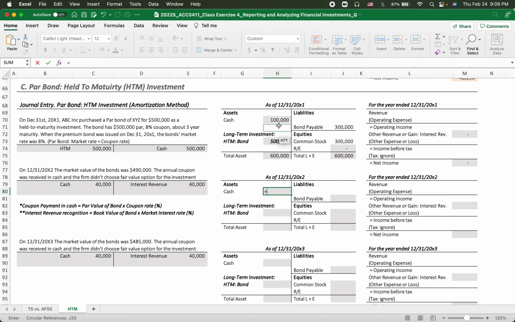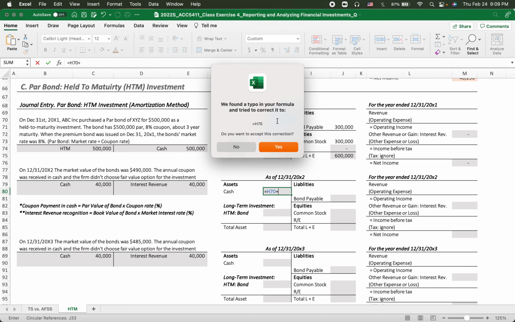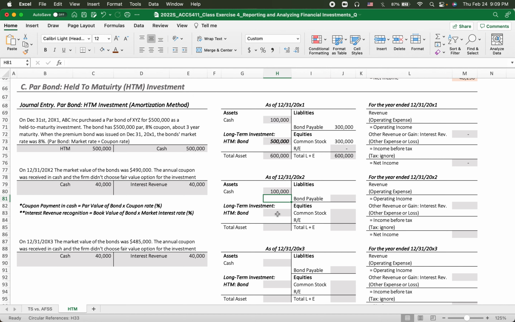And then second, we have to start from the ending balance the same way: bond payable, the common stock, and then retained earning, and the cash amount up by 40,000, and then interest revenue up by 40,000.